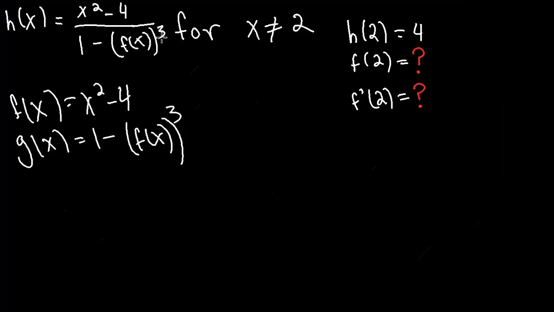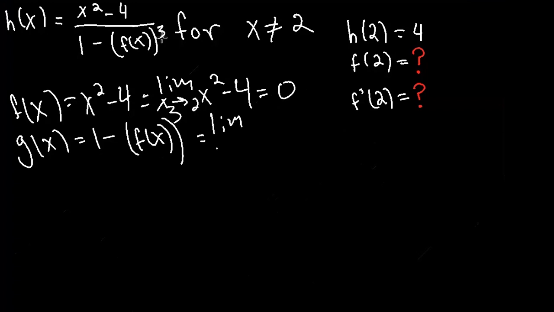So we can set this up as a limit as x approaches 2 of x squared minus 4. This is going to be 0, right? And then the same thing is going to happen for the denominator.